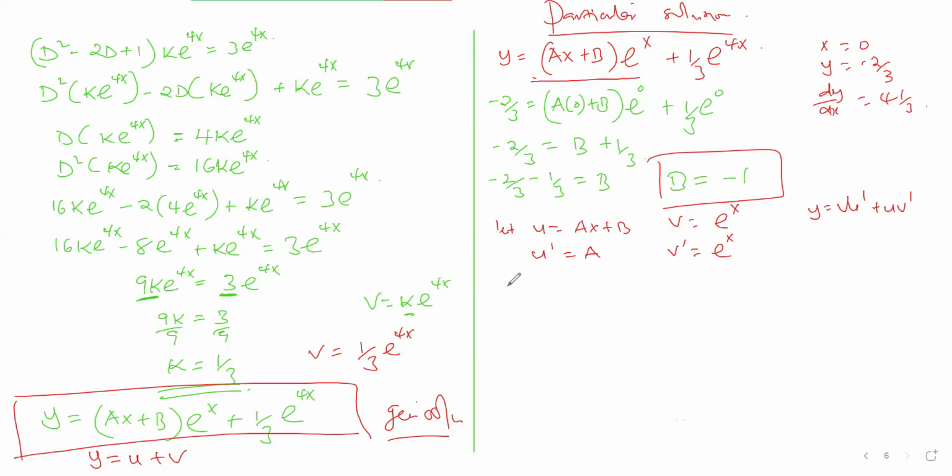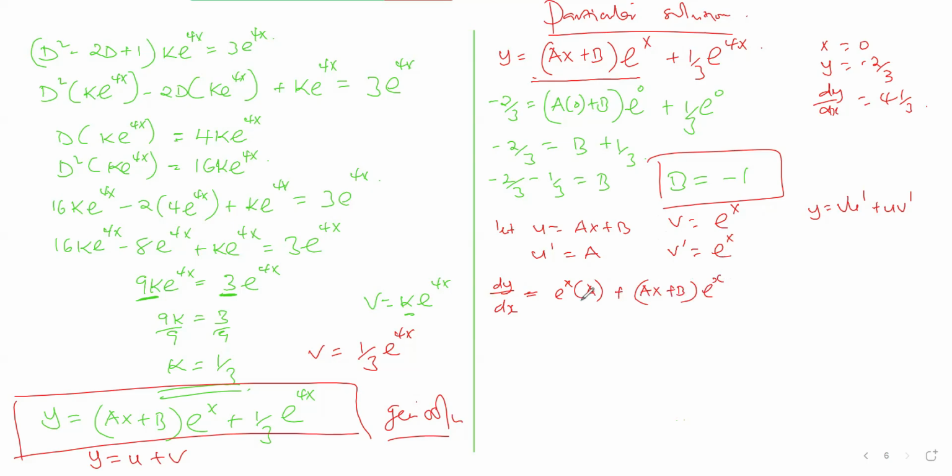So our dy/dx here will be given by, for this first part, we use the formula. So v, our v is exponent of x, u prime is a, then plus u, ax plus b, v prime.